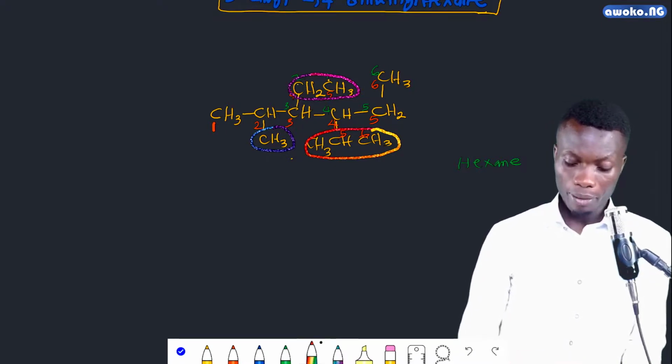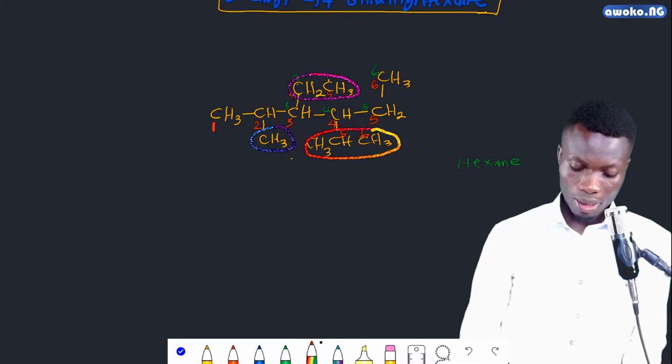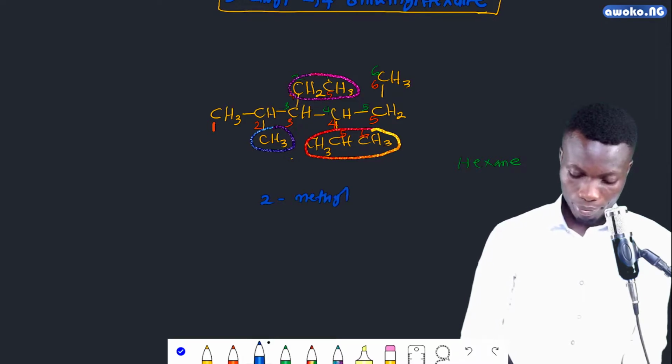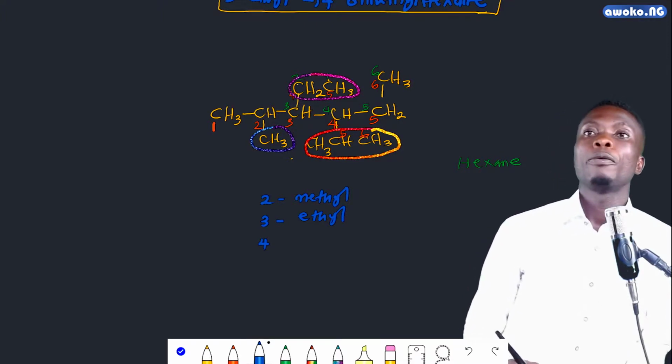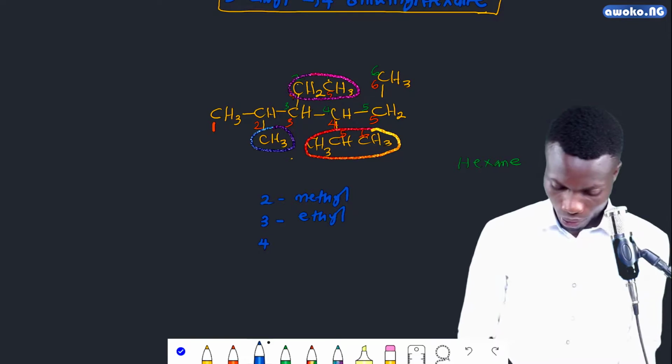So therefore, we've been able to establish our branches. Of course, we've established that we have 3 branches. And we'll try to name those branches. On position 2, we have a methyl group. On position 3, we have an ethyl group. And now on position 4, there is something peculiar about that position.